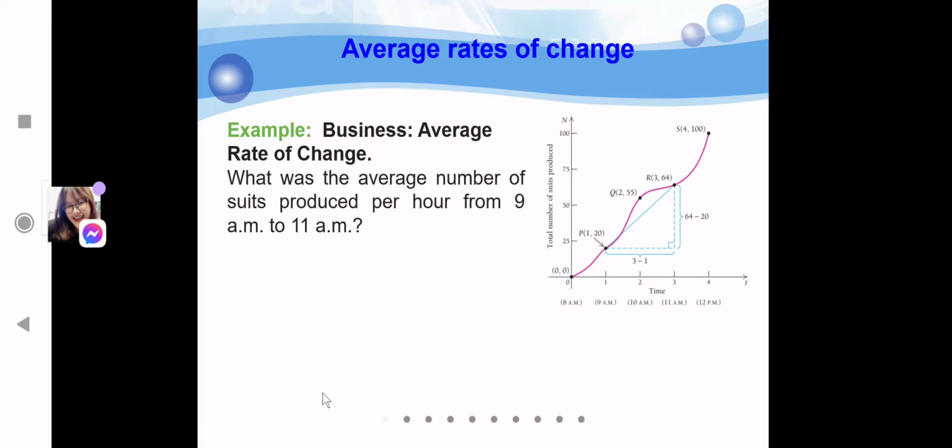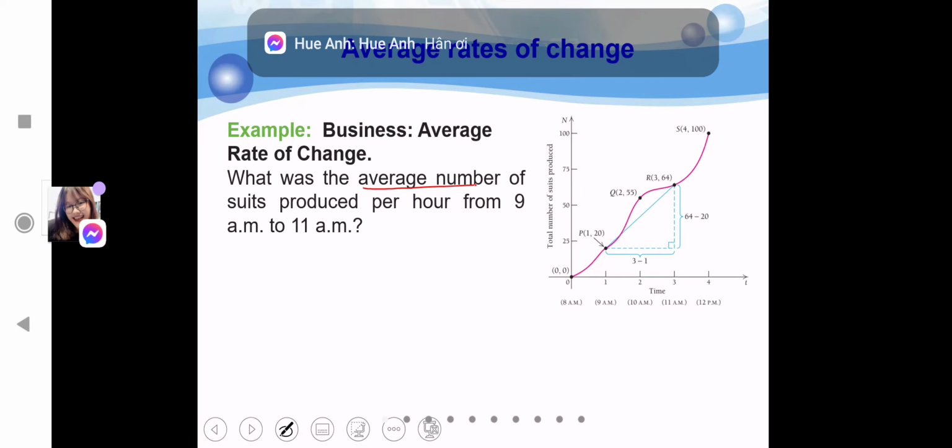Please repeat it for me. What is the average number? How much change in the number of sweets produced?